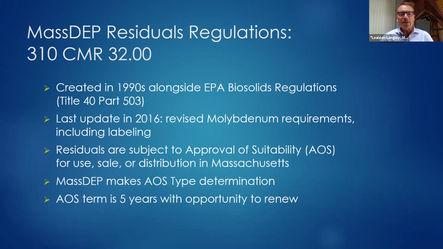And they were last updated in 2016 when we revised the molybdenum labeling requirements. The residuals are subject to these approvals of suitability that I mentioned, which is the term we're using for permits for the use, sale, or distribution in Massachusetts. We make the type determination, and the AOS term is 5 years with an opportunity to renew.